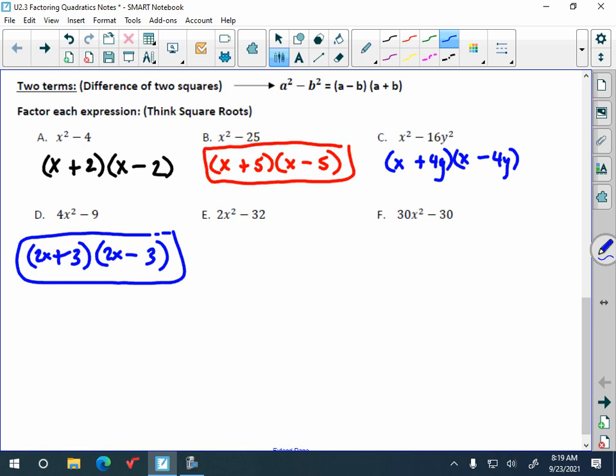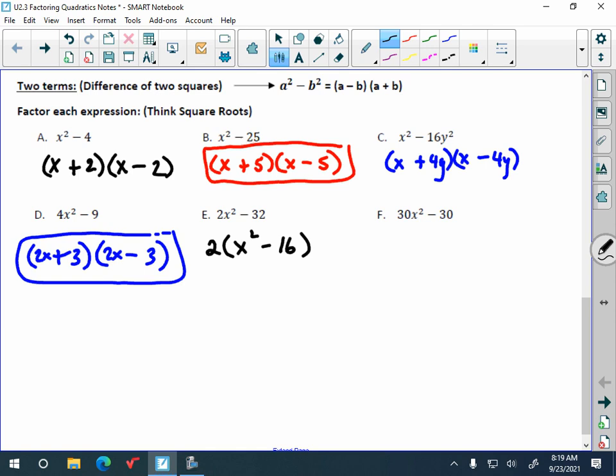All right, now E, 2 is not a perfect square and 32 is not a perfect square. But there is a GCF we can factor out first. So that has to be your first step always anyway. So what's the GCF? 2, yeah. So we're going to factor a 2 out first. We're going to divide those by 2, so we'll be left with x squared minus 16.